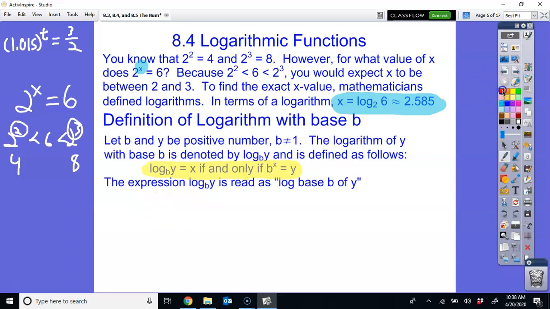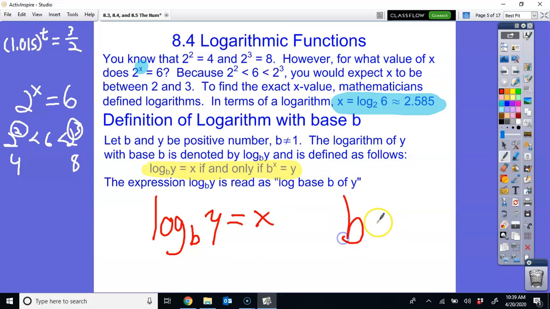Let's break it down again. I know I'm going to write the same thing again, but I want to break it down for you. Log base b of y is equal to x if and only if b, this base, raised to the x power, this exponent, equals this number, y.